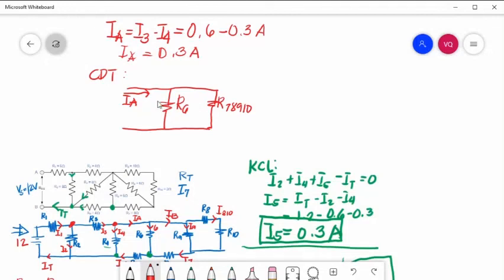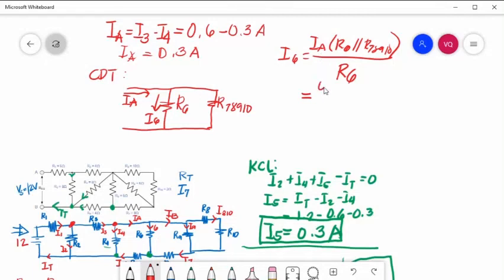Solving now for this I6, it is equal to IA multiplied by the parallel combination of R6, 7, 8, 9, 10, divided by R6.